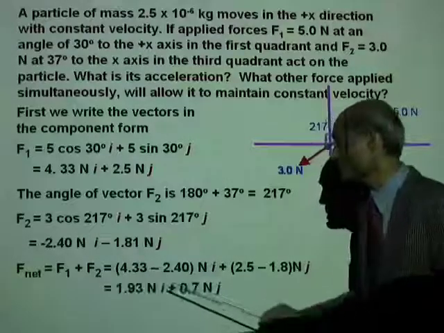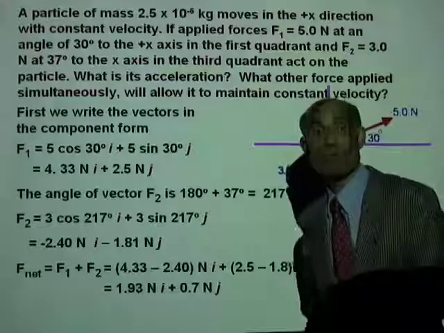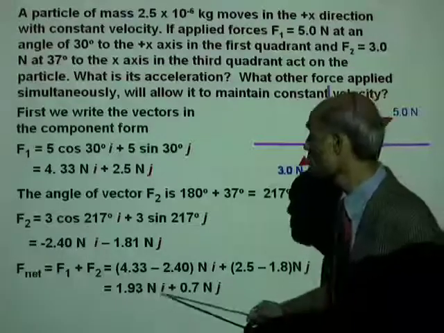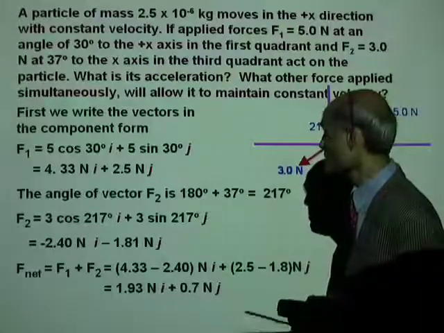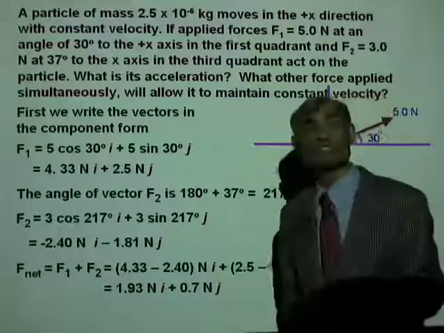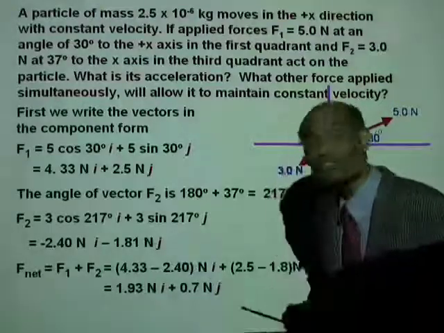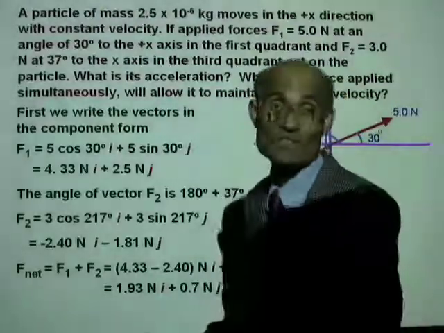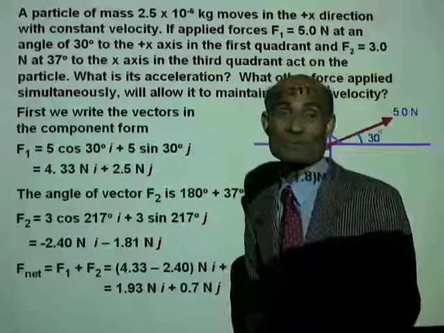Simplify these quantities. That will be 1.93 Newton I plus 0.7 Newton J. This is the net force on the particle.